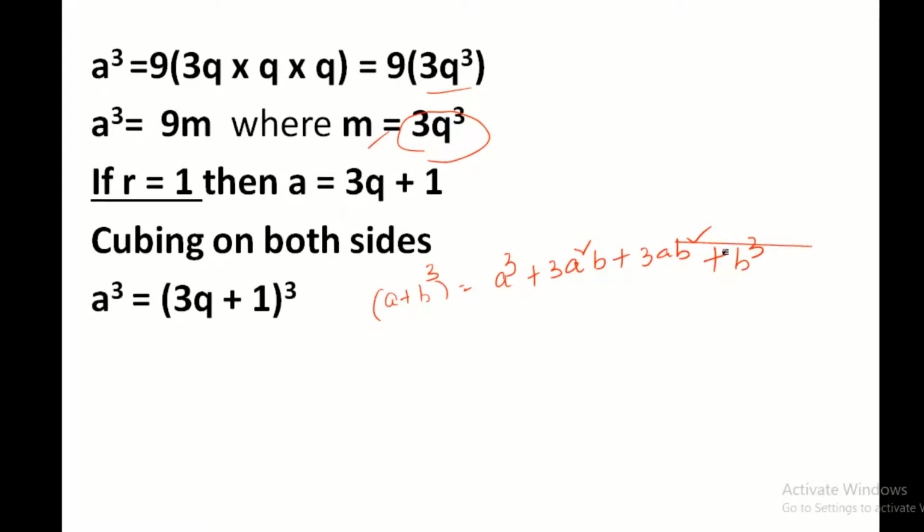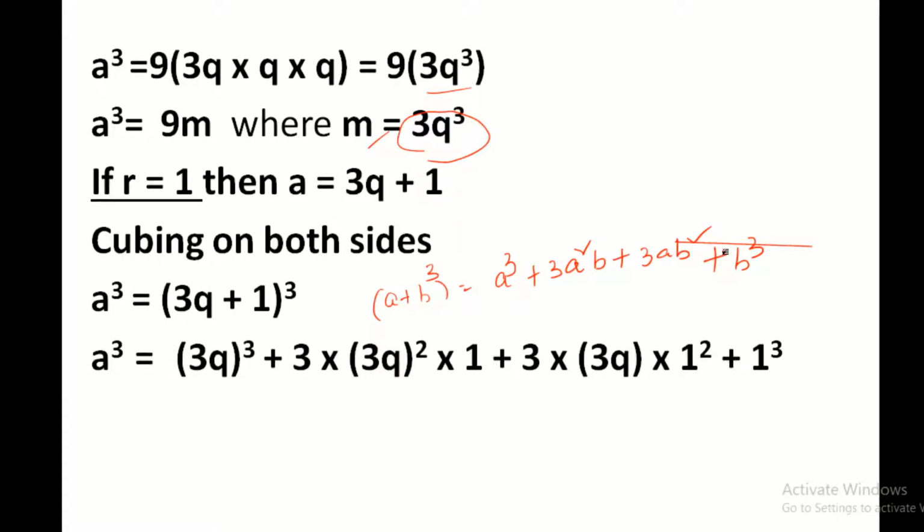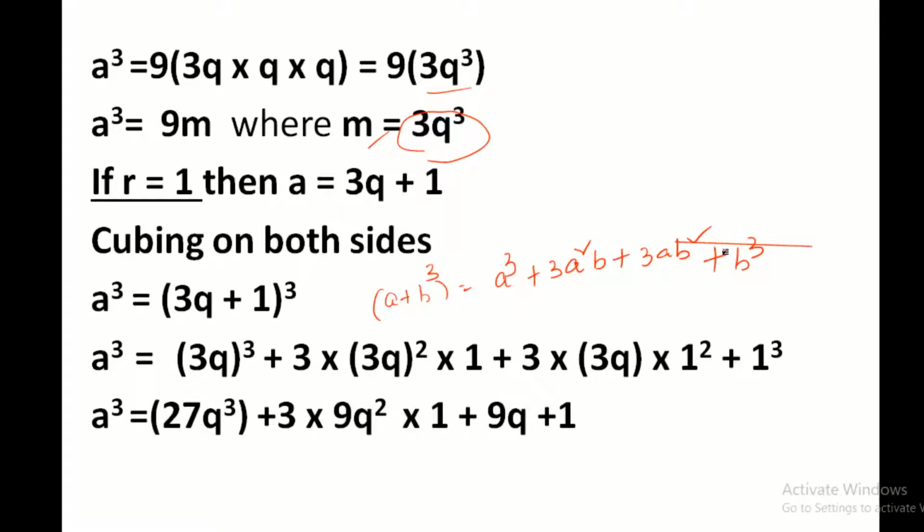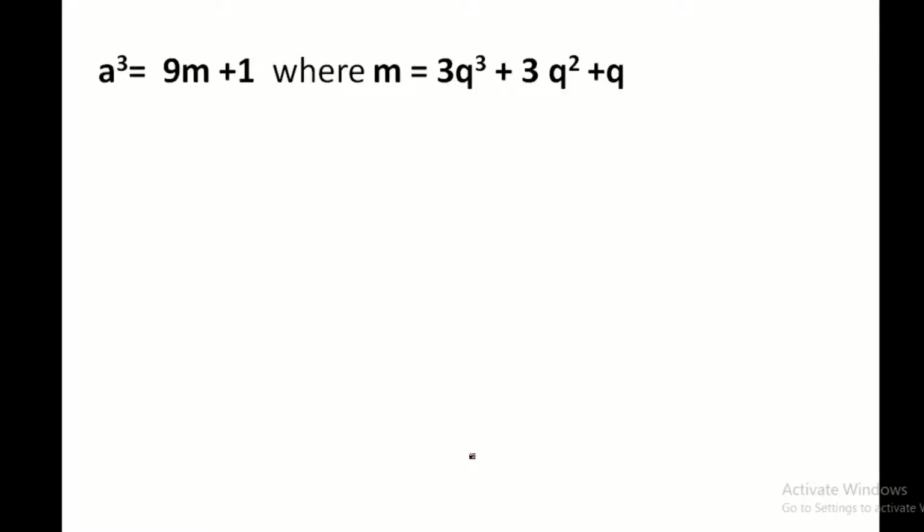Then in the next step we substitute the terms and simplify, and finally we take 9 as common from the above terms, and this 1 is left over, so it becomes 9m plus 1, where we replaced this term with m.